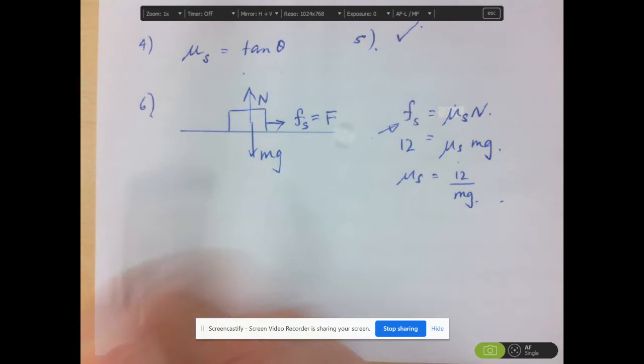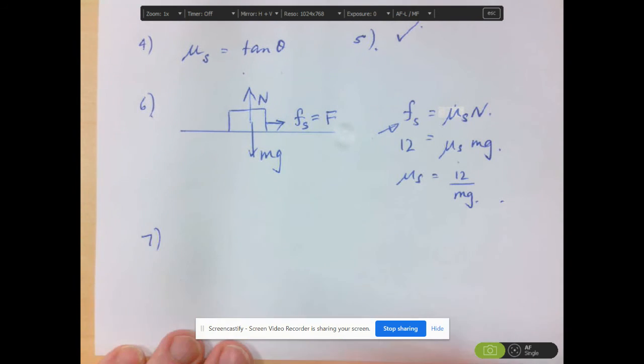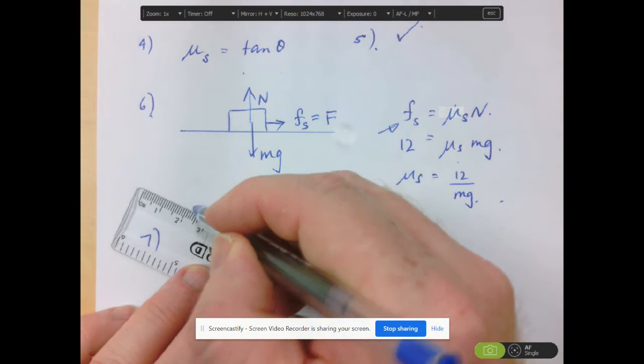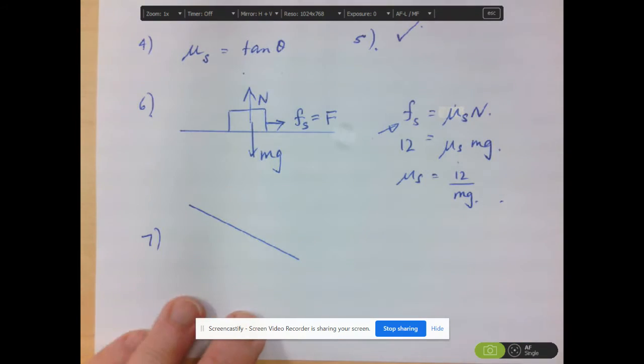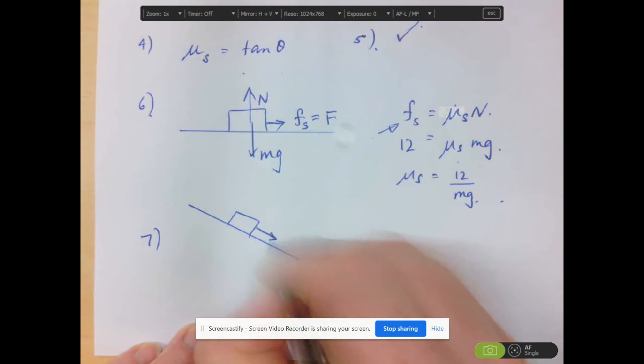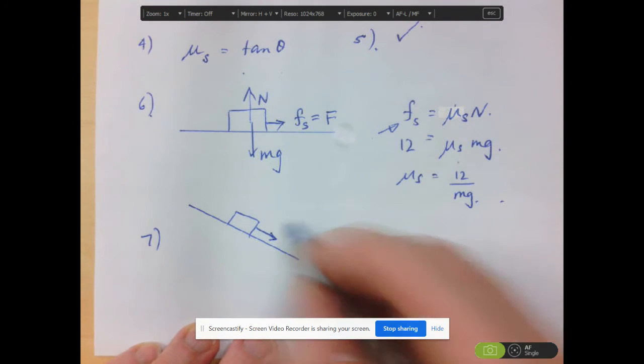And finally, for question 7, you are going to be doing the same thing again, except in this one a coefficient of kinetic friction. So we've got an object here which is already in motion moving down, but it's at a constant velocity.